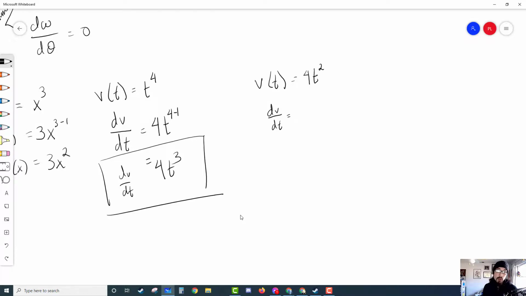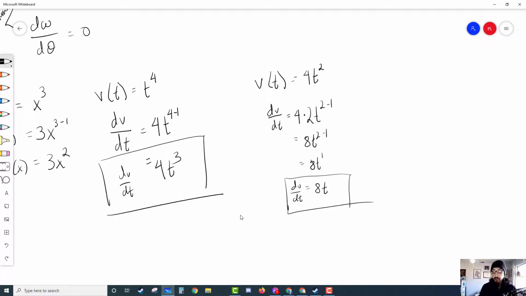So what we want to do is keep that there. There's nothing that happens with that 4. But then we do the power rule where we bring 2 to the front, so times 2t to the 2 minus 1. So we get 4 times 2, which is 8, t to the 1, which is just 8t. dv/dt.